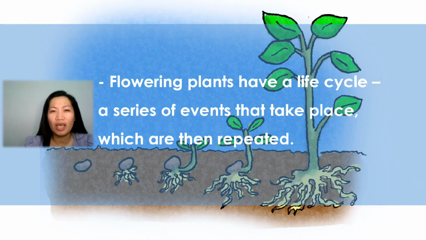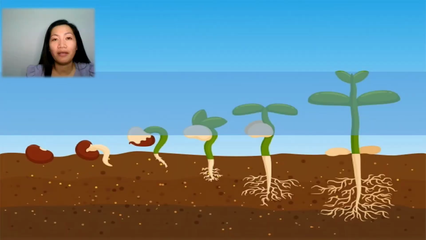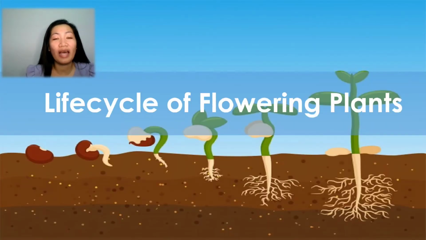So when we say life cycle, it's a series of events that take place which are then repeated. Again, when we say repeated, it's an event that keeps on repeating over and over again. Okay. So let's talk about the life cycle of a flowering plant.